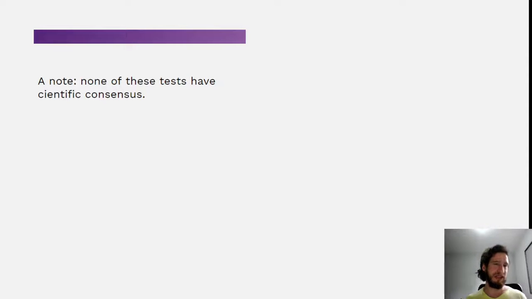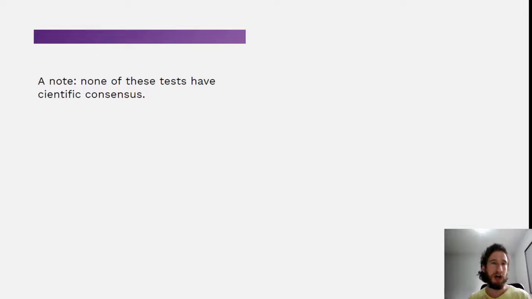One thing, oh, there's an S lacking here. One thing here is that none of these tests have scientific validation, meaning that they are not completely validated through theory and testing. And I mean it, none of these three tests have this validation from the scientific community.